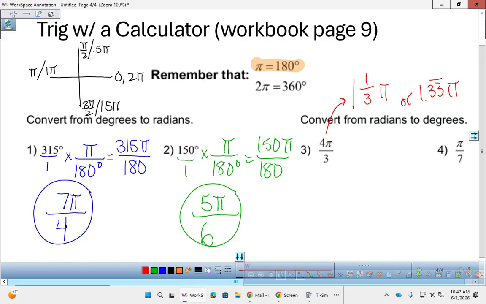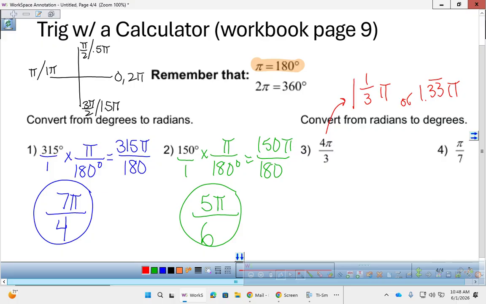So that gives me a little bit of number sense on what my answer should be. 1.33 pi should fall in what quadrant? 3. Somewhere in quadrant 3, which means when I change this to degrees, it should be something between 180 and 270. So even if you forget how to do the conversion, you can look at your answers and narrow down your options to something between 180 and 270.